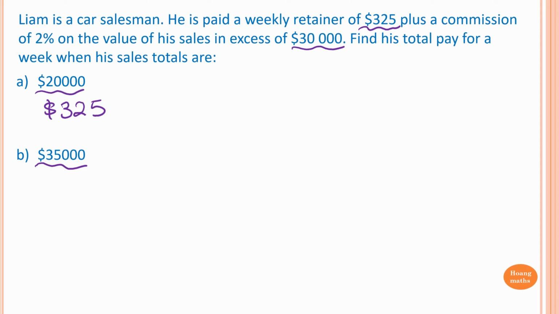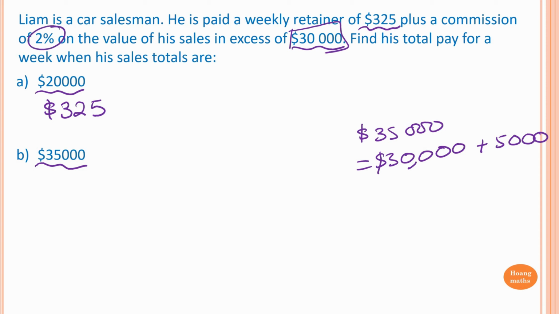Part B. So he makes a sale of $35,000. That means it's more than $30,000. So you remember, $35,000 is equal to 30,000 plus 5,000. Any amount above 30,000, he will get 2%. So 5,000 above the 30,000.